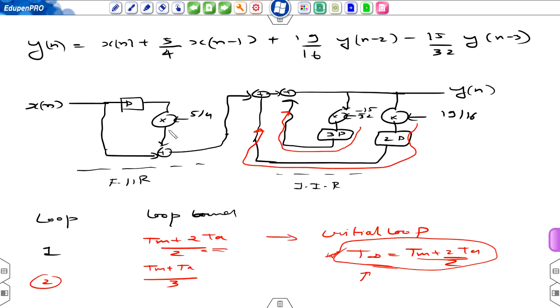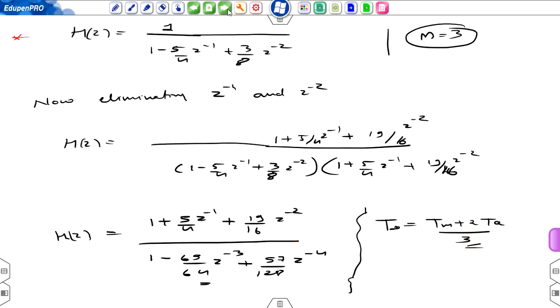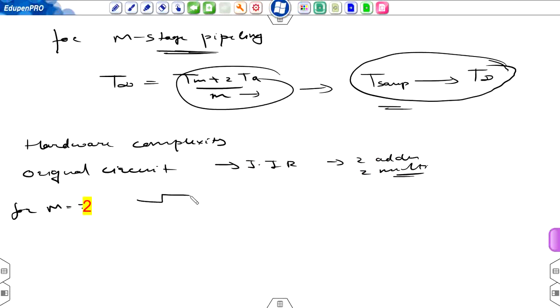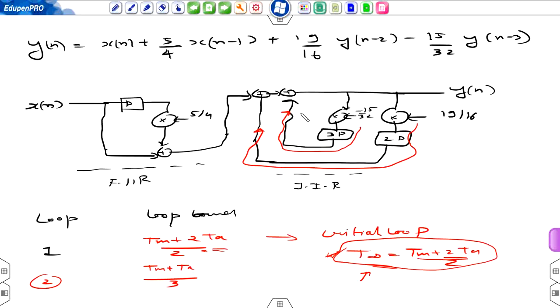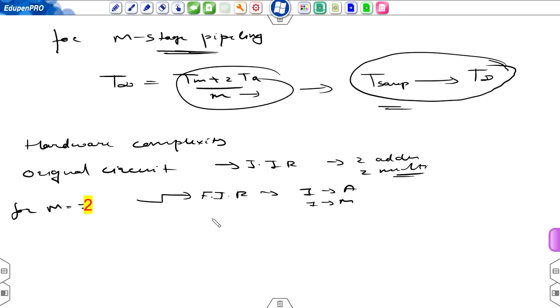So this FIR part is having 1 adder and 1 multiplier, and in IIR part still 2 multiplier, 2 adder.